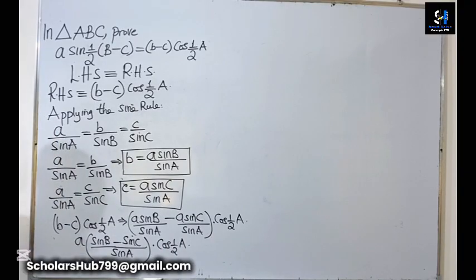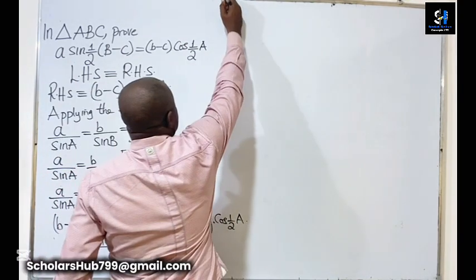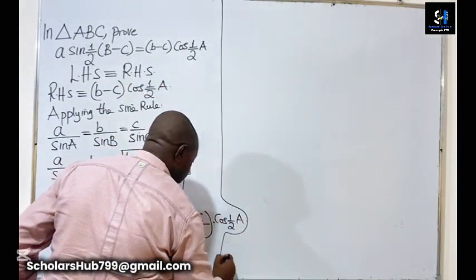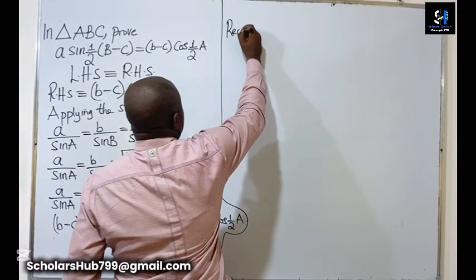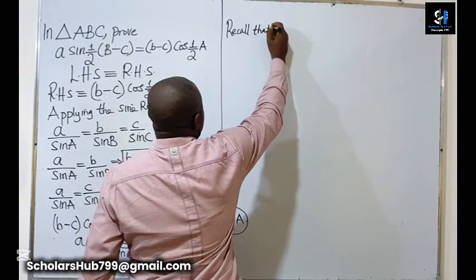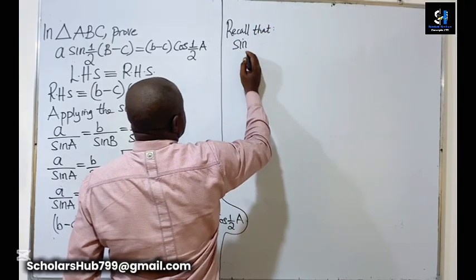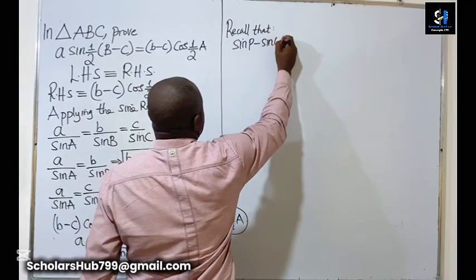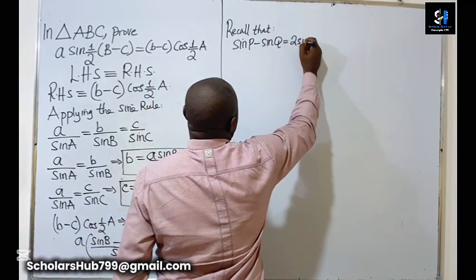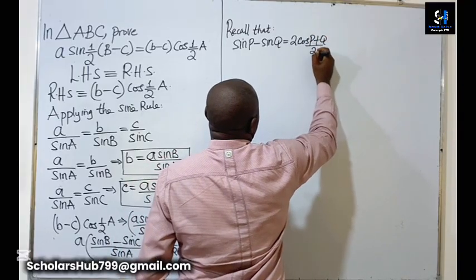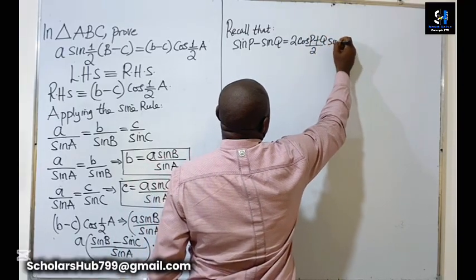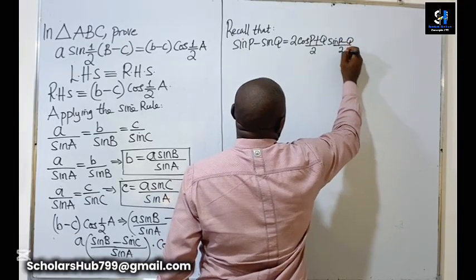Okay, now let's recall the identity for sin B minus sin C, using one of the sum to product properties. You recall that if we have sin P minus sin Q, this will be equal to 2 cos((P + Q)/2) sin((P − Q)/2).